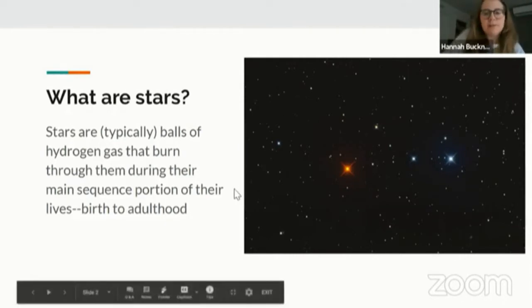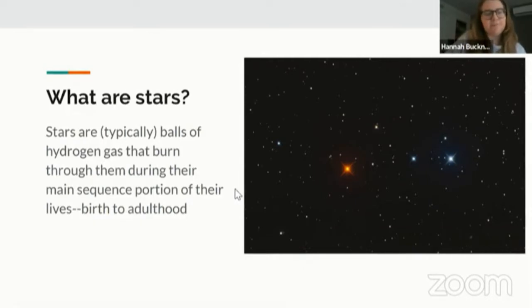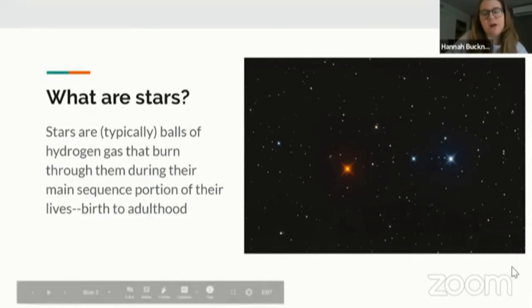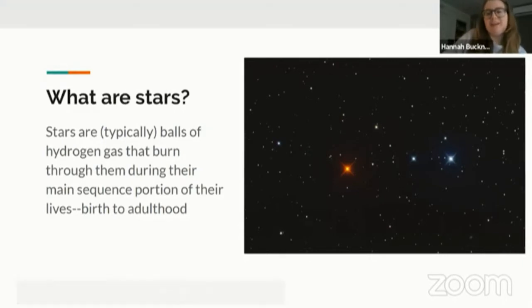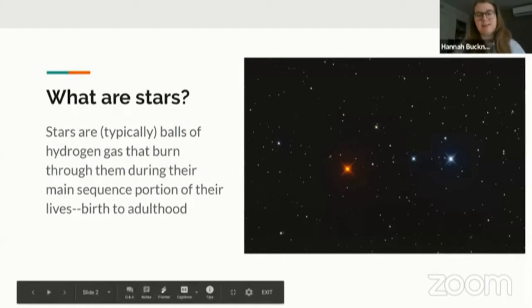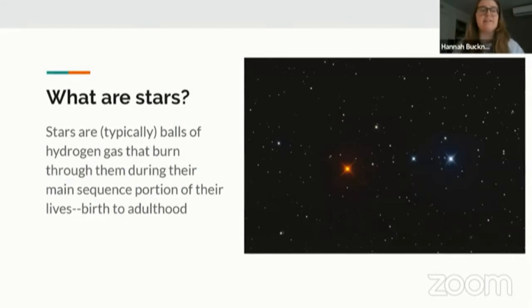So what we're going to mainly be talking about today are main sequence stars, which are just a large portion of the stars that we have now. We are calling them main sequence because it is actually the phase of a star's life that dictates that they are either just born like a baby and they're growing up through their teenagehood and they're reaching adulthood.